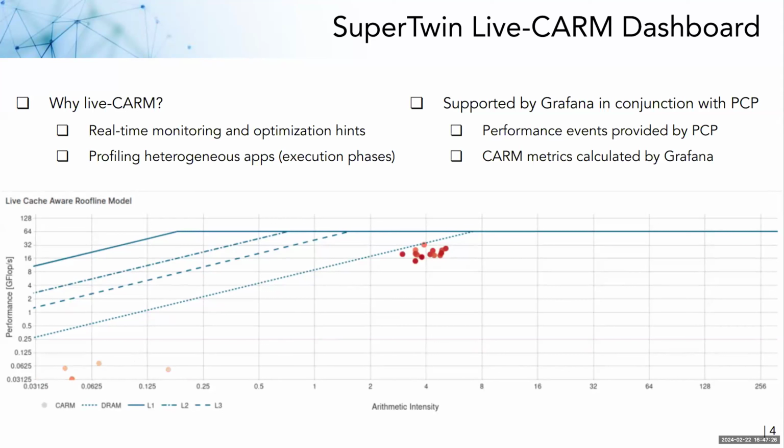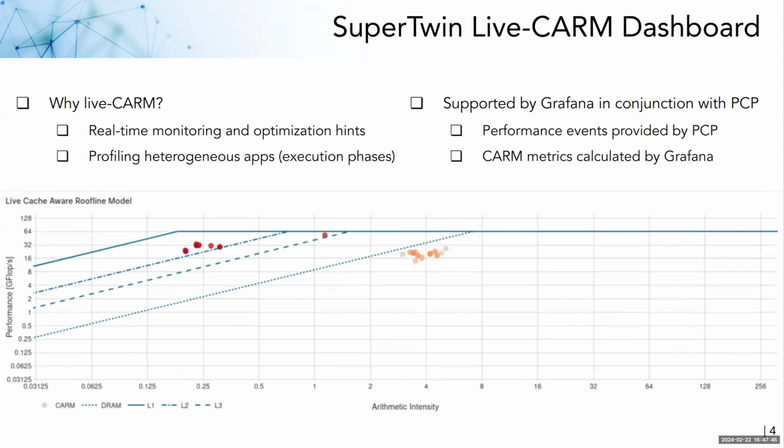This live CARM dashboard contains the two main metrics of the CARM graph, which are arithmetic intensity and the performance in gigaflops. This allows you to plot your application's performance in real time in the CARM graph, so you can take advantage of the various tips that the CARM graph gives you just by visualizing it.